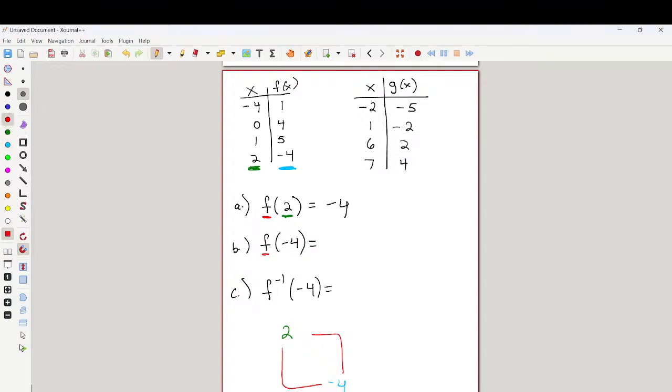So this says go to f, input -4. My answer here is 1. But what's f inverse of -4?